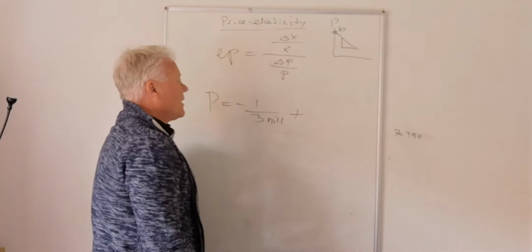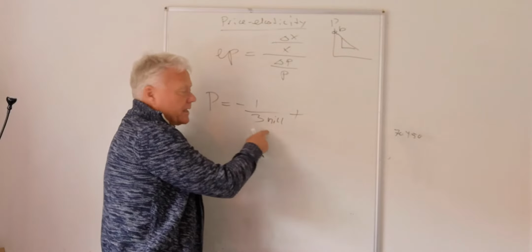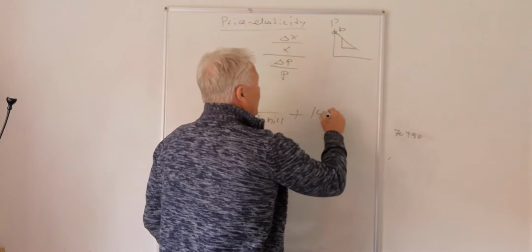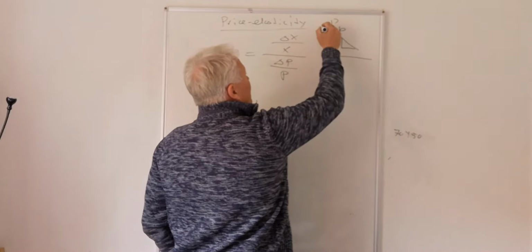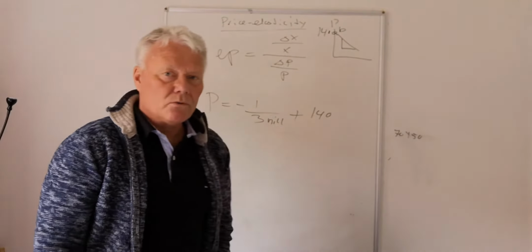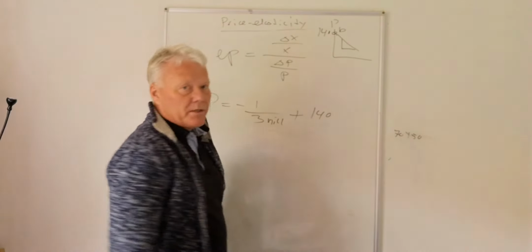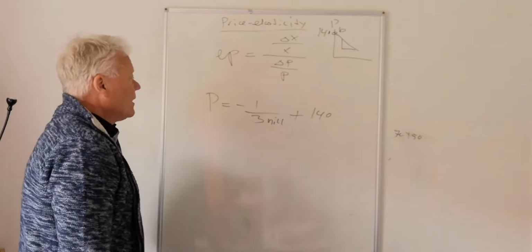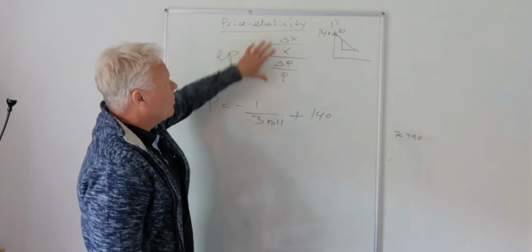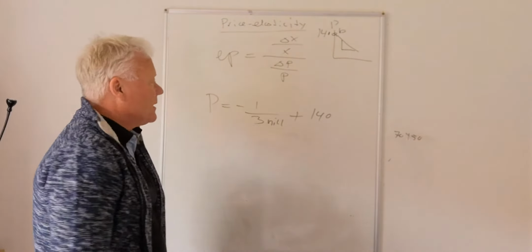So what we have here is an equation: minus 1 over 3, in millions, X plus 140. So the intersection will be 140 up here. So we think that we won't sell any cigarettes at a price of 140.